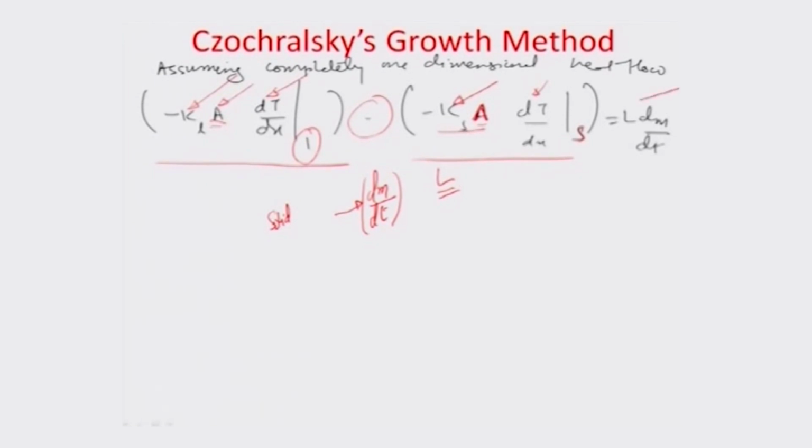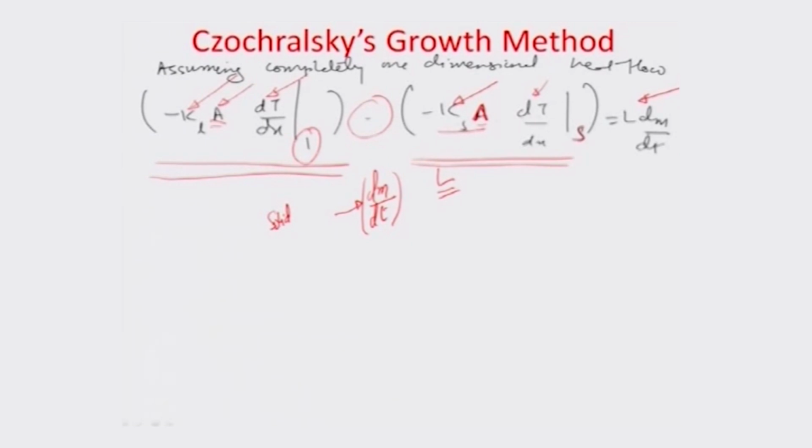So, L dm/dt is really nothing but the rate of heat loss in terms of formation of the solid bonds. A rate of heat loss can be equated in terms of heat going per unit time into the zone of fusion minus heat going away from the zone of fusion per unit time.